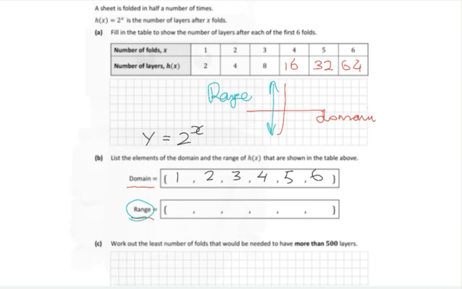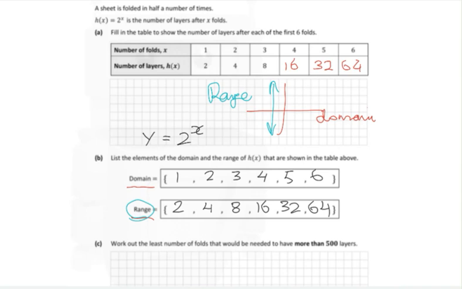So for 1, the range value would be 2, and onwards, 2, 4, 8, 16, 32, and 64. It's very straightforward. So we have really stated that the domain are the input values and the range are the output values. And we can have 2 separate sets.